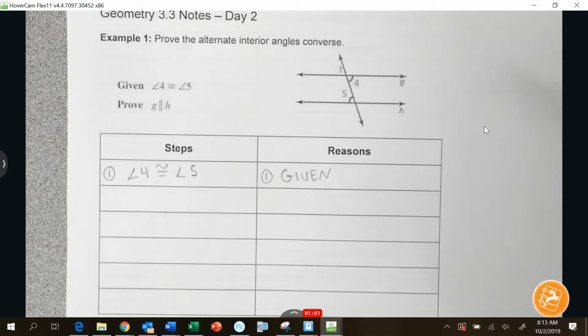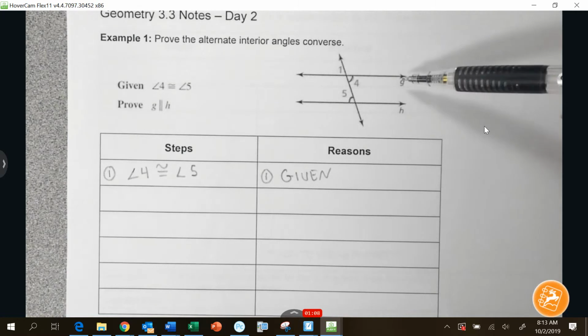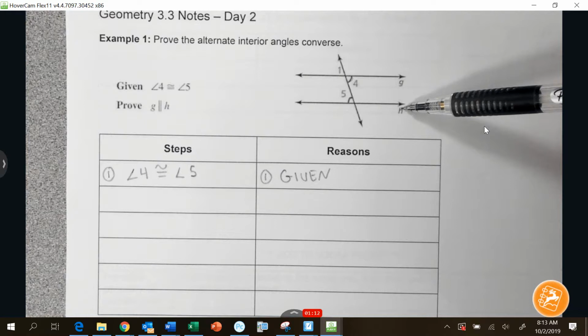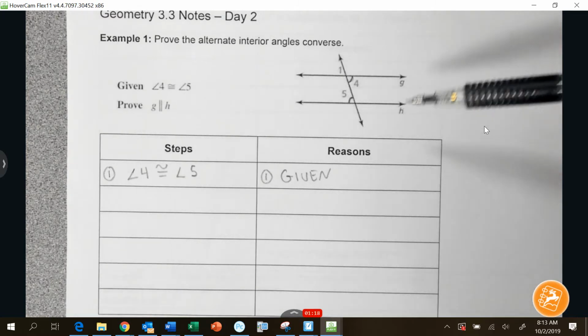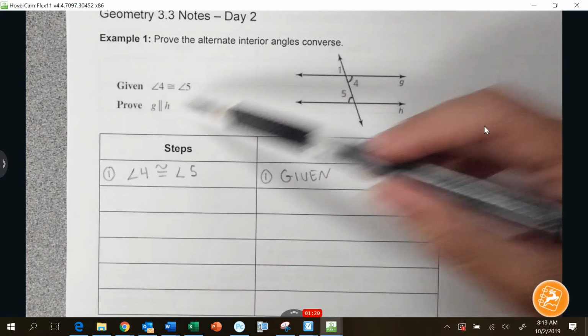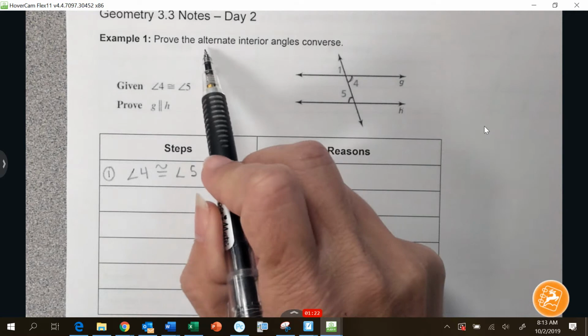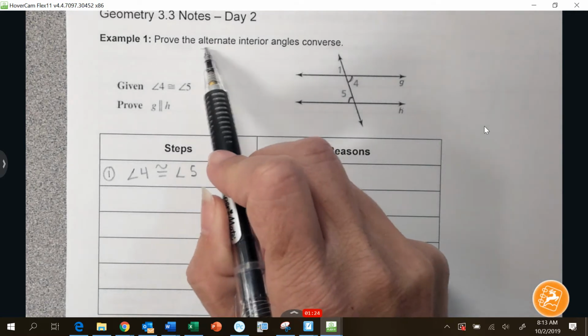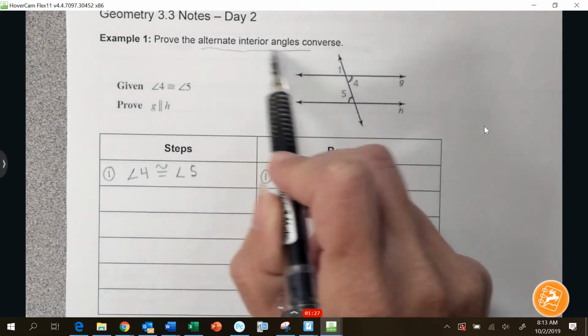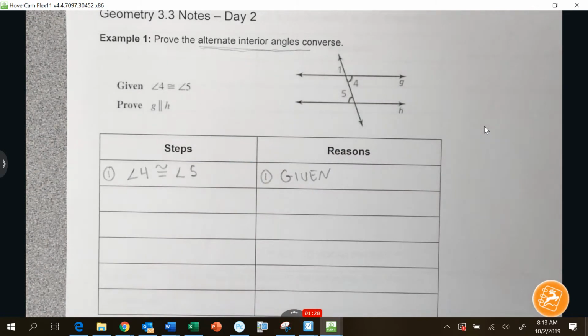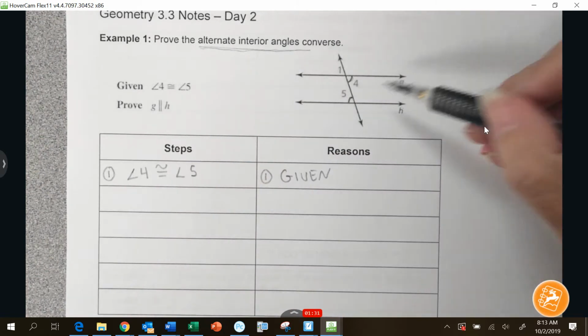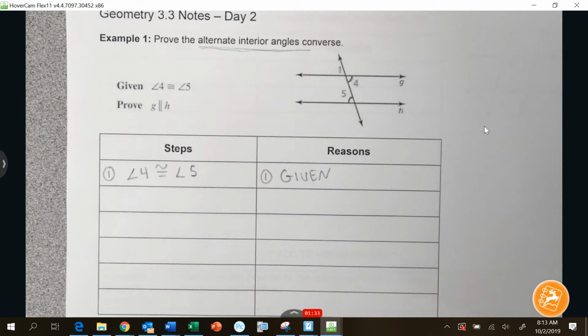Okay, now our goal is to prove that G is parallel to H, but we want to do it to show that alternate interior angles converse. So 4 is congruent to 5 is given.